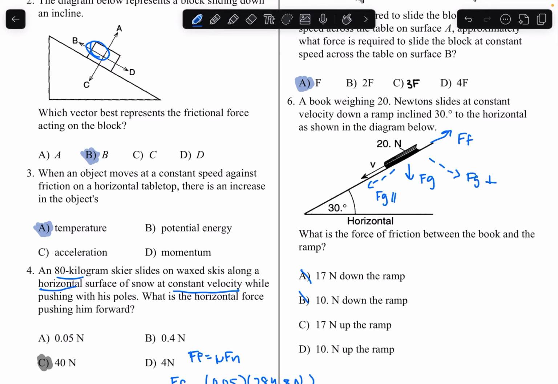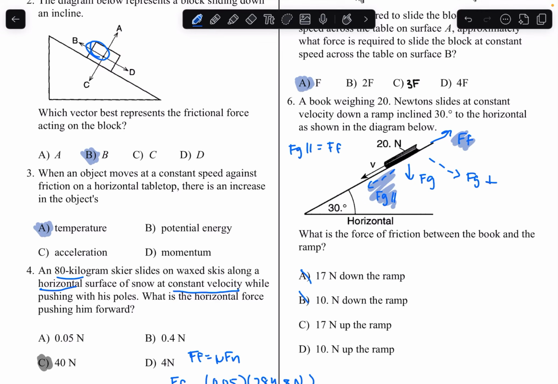Fg perpendicular looks like. So it tells us that the book is going down at constant velocity, meaning that all forces are balanced. See here, let's look at Fg parallel and Ff. These are opposite to each other, and since it's going down at constant velocity, all forces are balanced. So Fg parallel is equal to Ff in this situation.